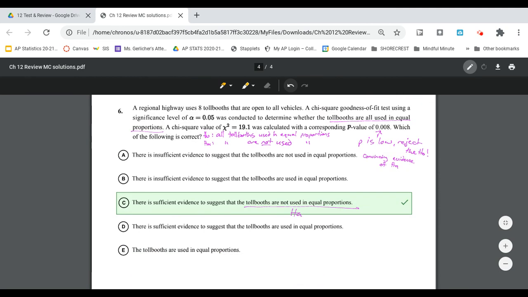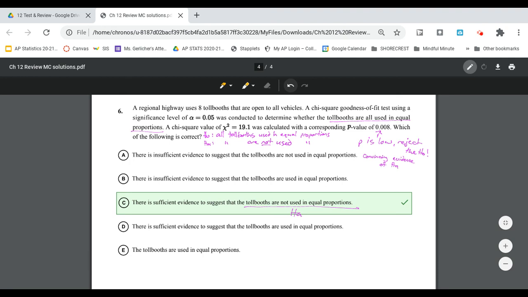And then for 6, they're determining whether the toll booths are all used in equal proportions. So that's the HO. They're giving you the HO: that all toll booths are used in equal proportions. You could go 1/8 of them. Each proportion would be 1/8, because there are 8 total toll booths.